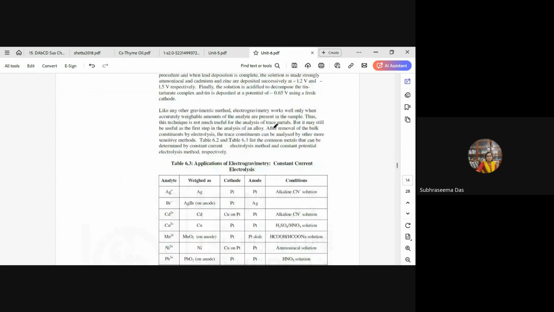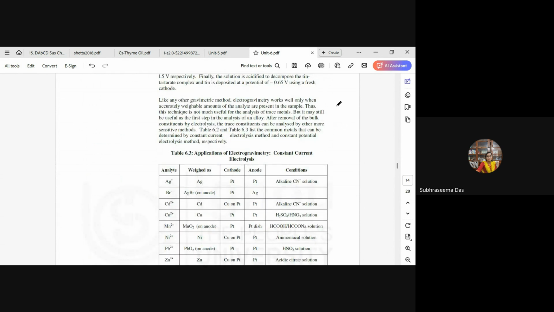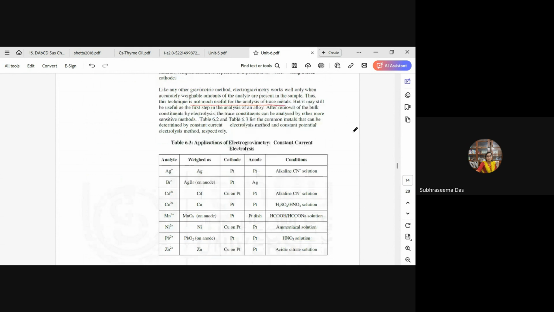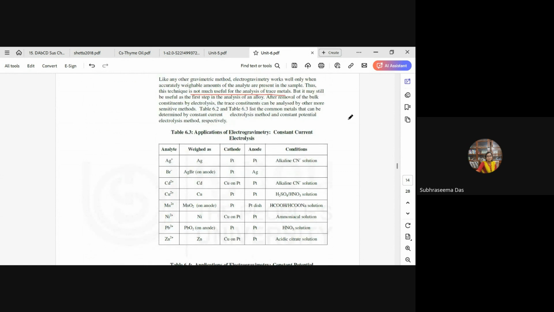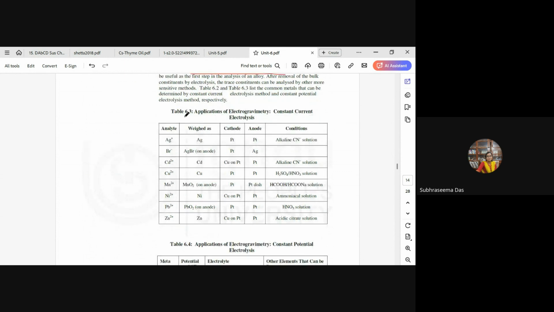Like any other gravimetric method, electrogravimetry works well when the analyte is present in amounts that can be accurately weighed in the sample. Thus, this technique is not very helpful for the analysis of trace metals. In table 6.2 and 6.3, common metals that can be determined by electrogravimetry have been listed.